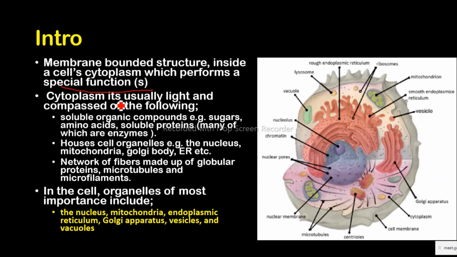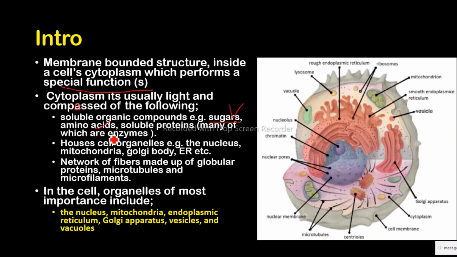The cytoplasm is composed of the following. Number one, soluble organic compounds such as sugars. Like I told you, the cytoplasm is not just an open space, but rather a fluid-filled matrix which contains sugars and amino acids.